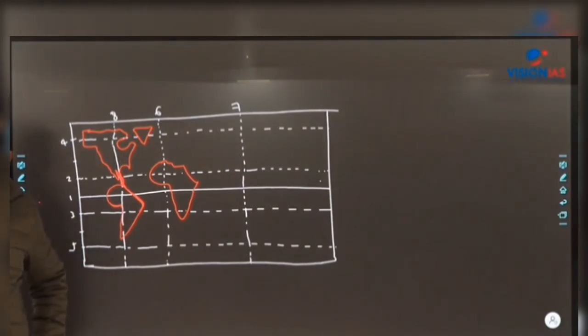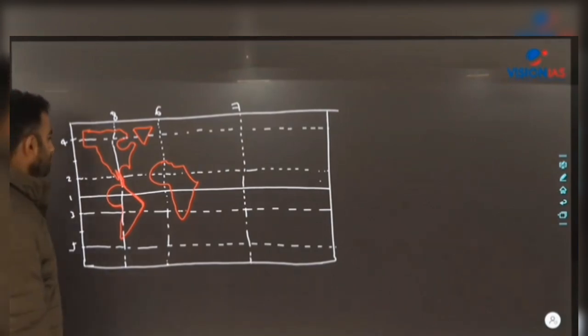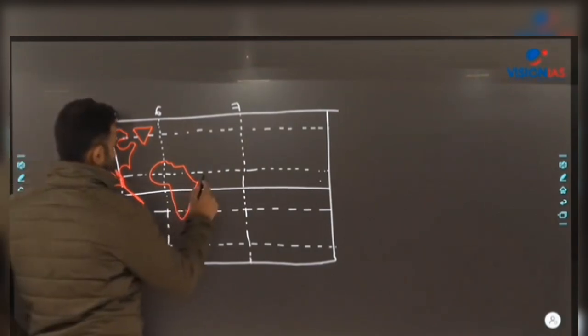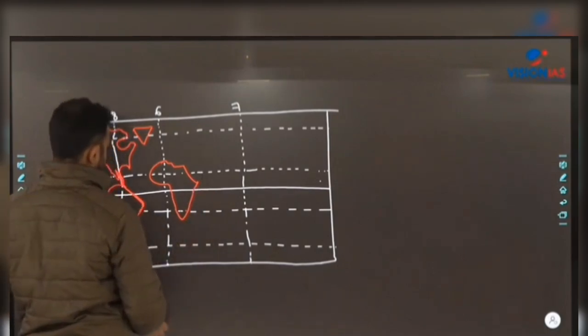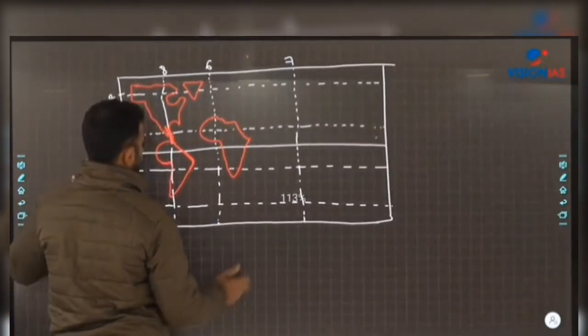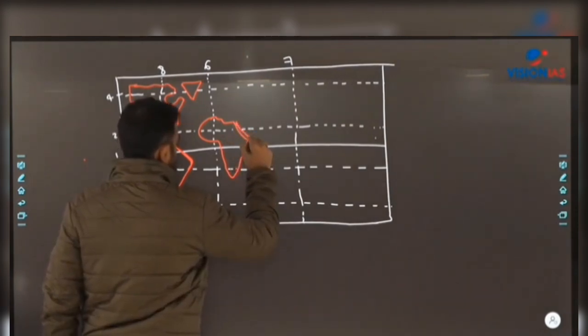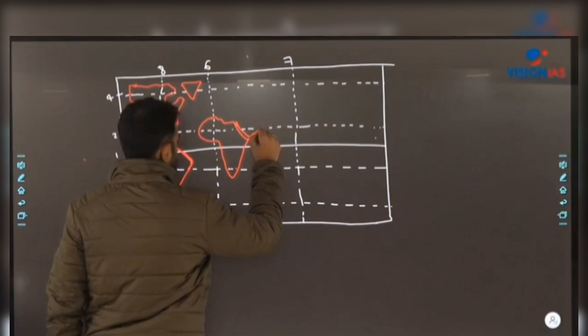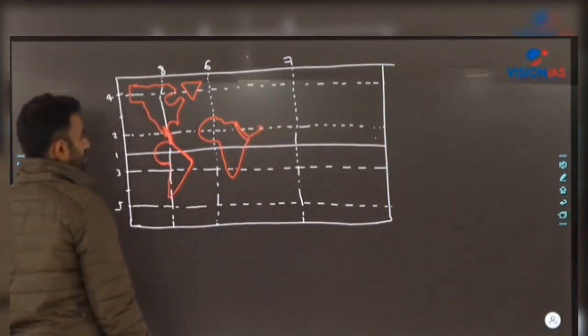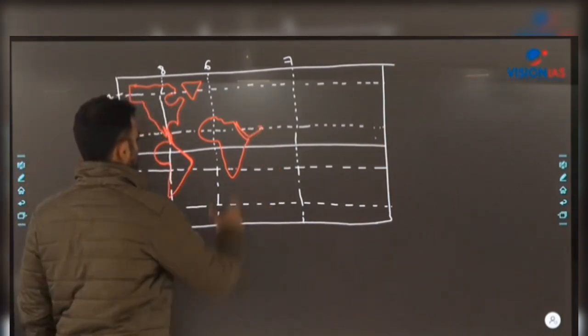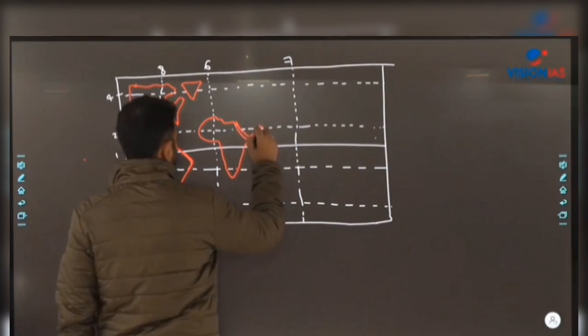Now let's draw Saudi Arabia. Saudi Arabia is on this side of the Red Sea. So here we have a small Sinai Peninsula and then Saudi Arabia. It goes till here because we know that the Tropic of Cancer passes through Saudi as well as Oman.